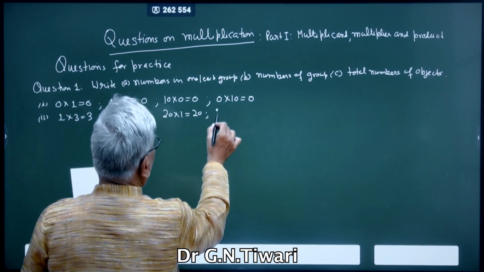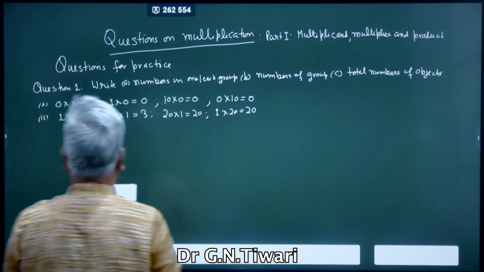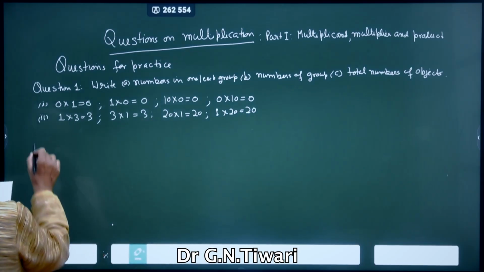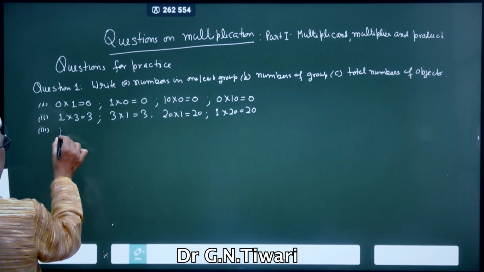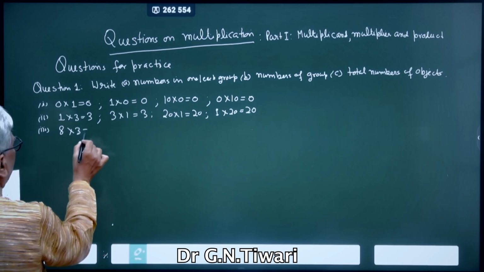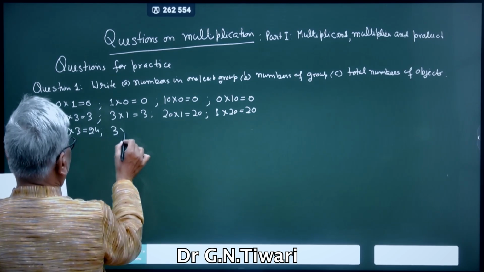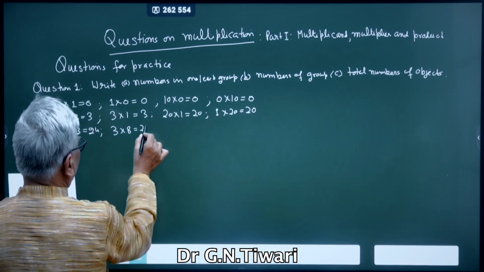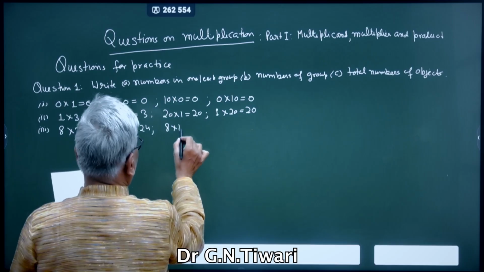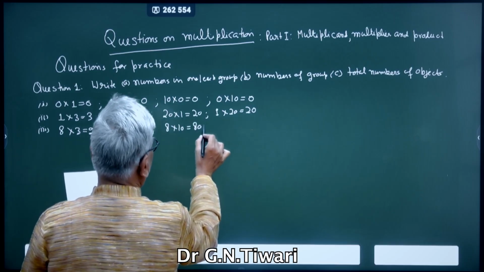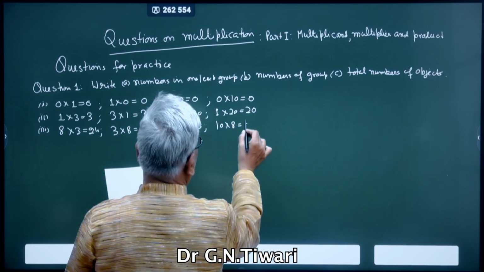Similarly, 1 × 20 will be 20. अब देखिए, थर्ड, 8 × 3 = 24. 3 into 8 is equal to 24. 8 into 10 is equal to 80. 10 into 8 is equal to 80.